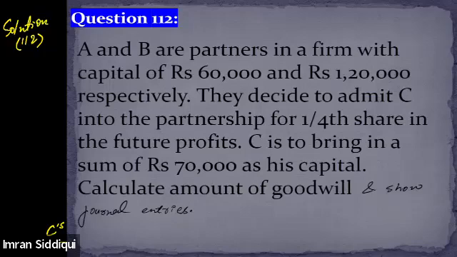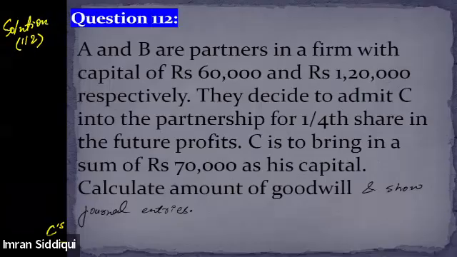Total goodwill of the firm is only 30,000, na? And C's share will be 1/4 of the 30,000. That means 30,000 divided by 4. It should be 7,500, I guess. Halima, you got 7,500 as C's share of goodwill? Yes, 7,500. Correct.